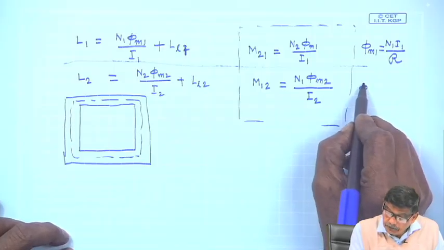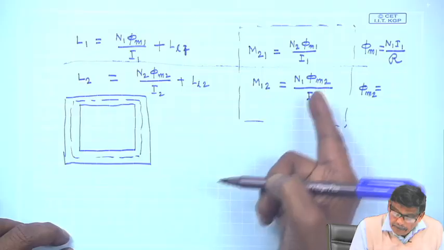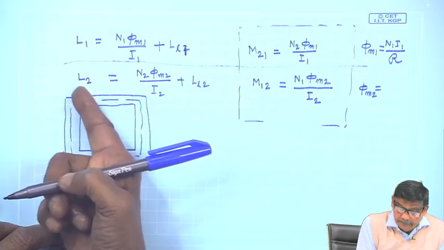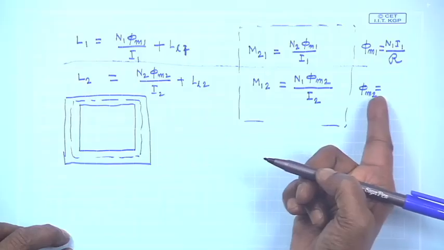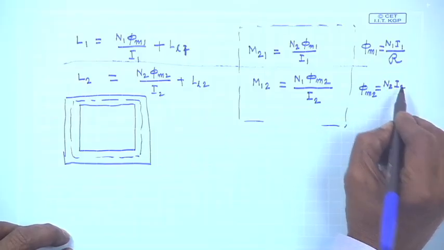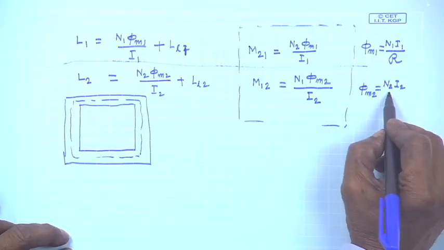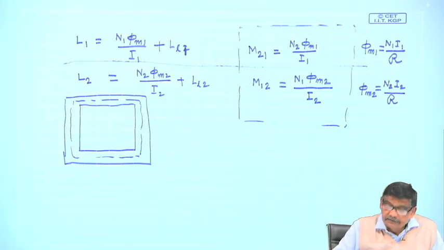Similarly, phi m 2 will be nothing but mmf. In this case, I have only energized the second coil, so this is N 2 I 2 divided by the reluctance.